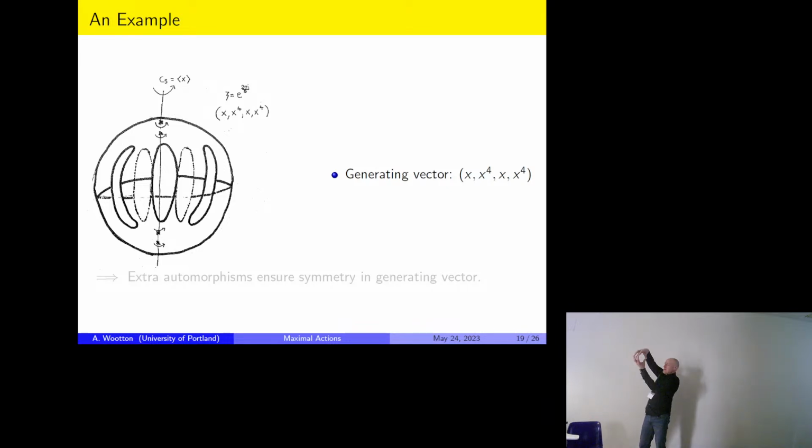Because these are finite, they're also going to be conformal, so it's going to preserve the angles there. And so what's the point of this? Well, the point is extra automorphisms, that is, if you are contained in some finite supergroup, extra automorphisms are going to guarantee some form of symmetry in the generating vector. In this case, we can see the symmetry directly.